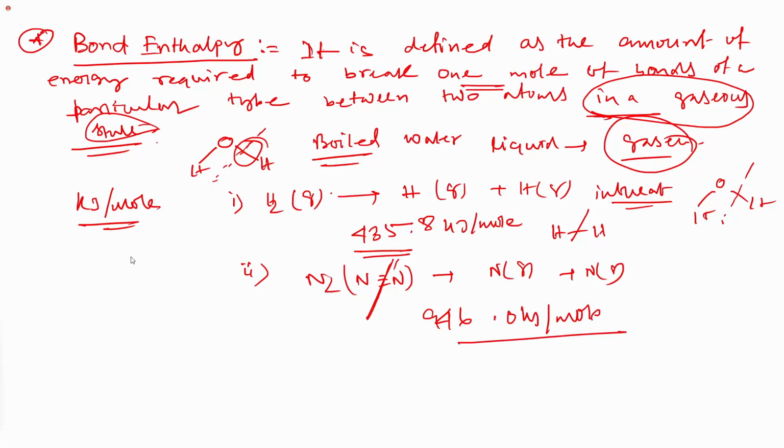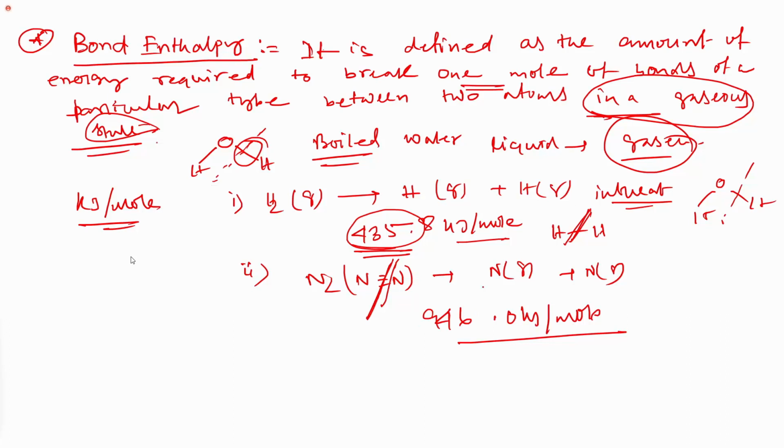So if you see, there is a single bond and there is a triple bond. To break this single bond, we need 435.8 kilojoule per mole. But to break this triple bond, we need 946 kilojoule per mole.